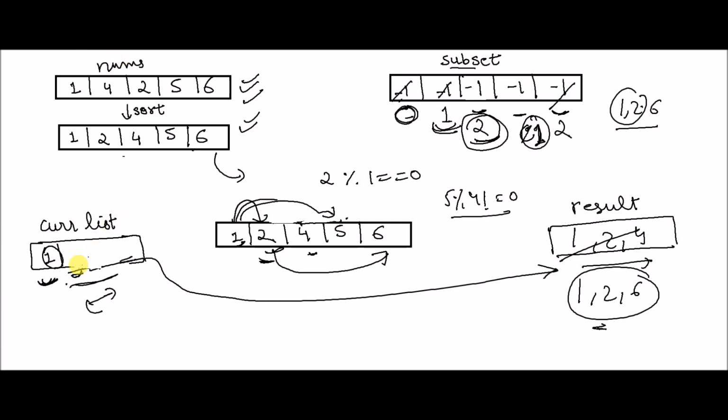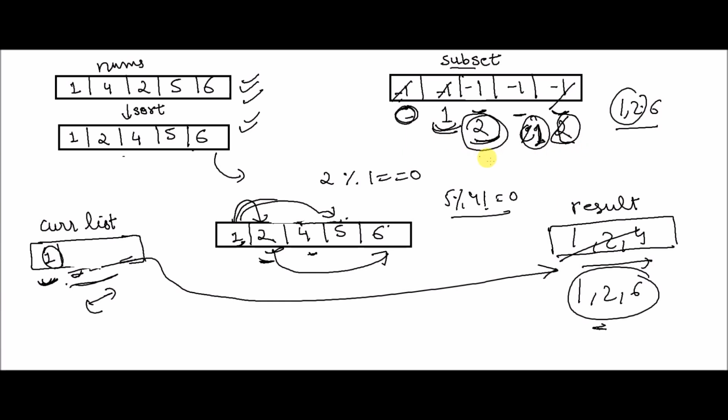Now from 1 we will try to go to anything after 5. From 1 we can go to 6, but 6 already has a length of 2. It is already a part of some subset of length 2, so we'll not go there, because the subset in which 6 was included was of bigger length.